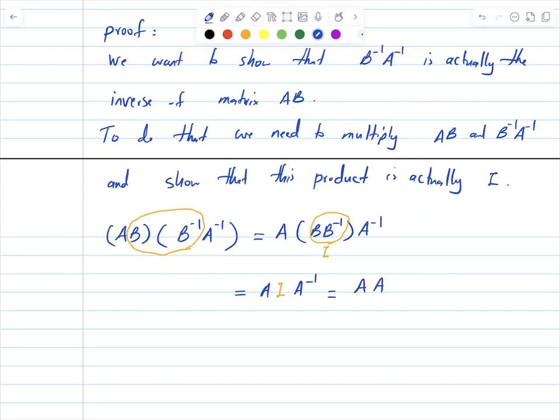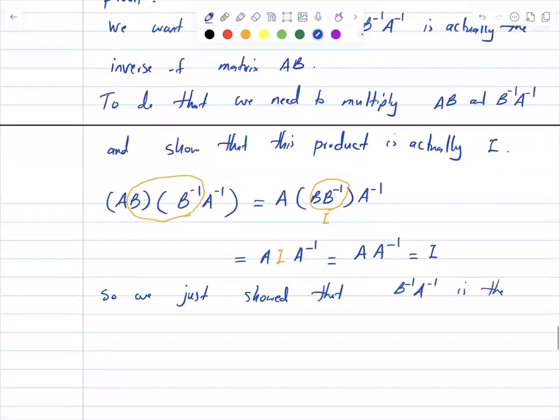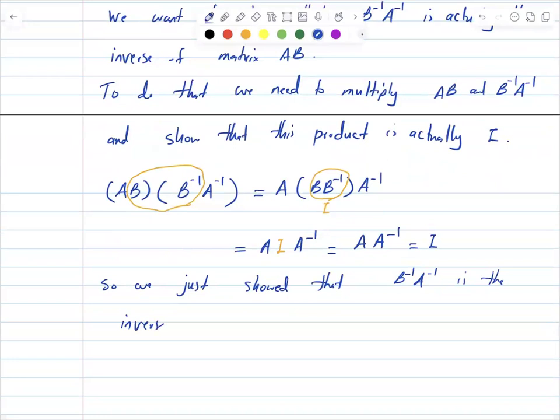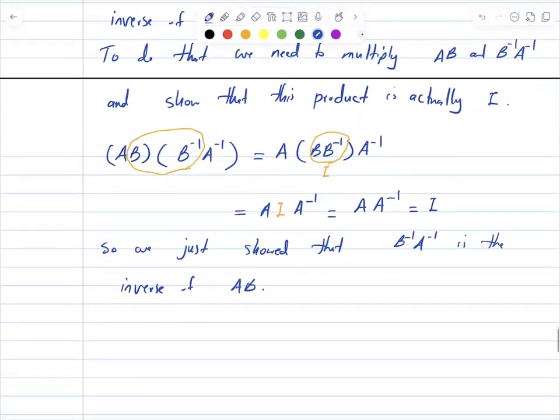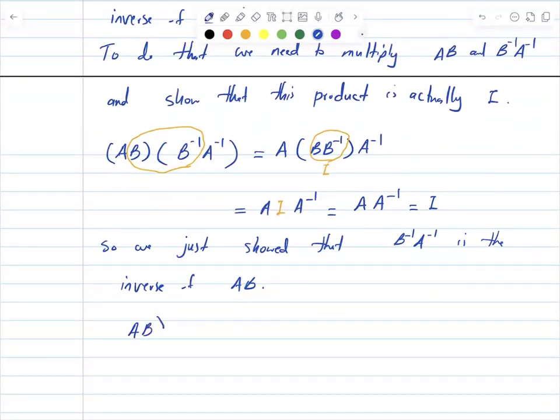You have A times the inverse of A, which is again the identity matrix. So we just showed that B inverse A inverse is the inverse of AB. So what's the meaning of that? It means that if I find the inverse of AB, it is B inverse multiplied by A inverse.